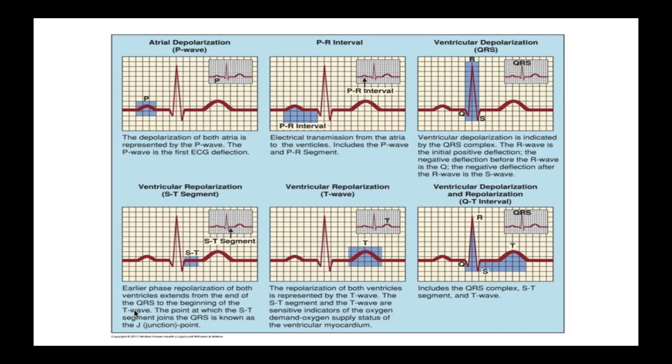T wave is ventricular repolarization, and then we have what we call the QT interval. The QT interval is really important to remember. A lot of medications may prolong that QT interval, and a prolonged QT interval can predispose you to some pretty lethal arrhythmias. So we'll talk about that a little further along.